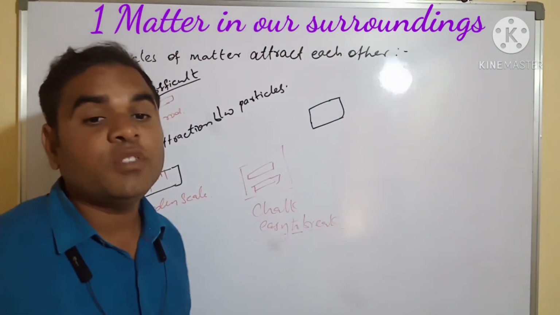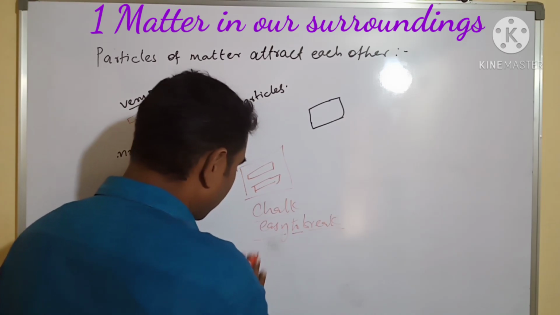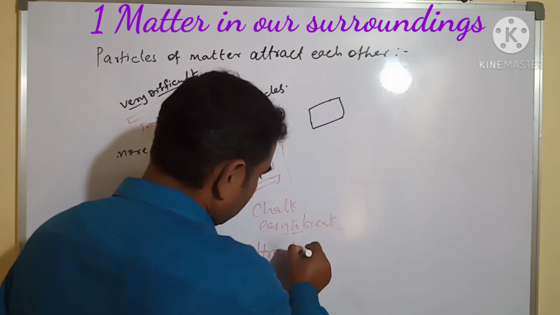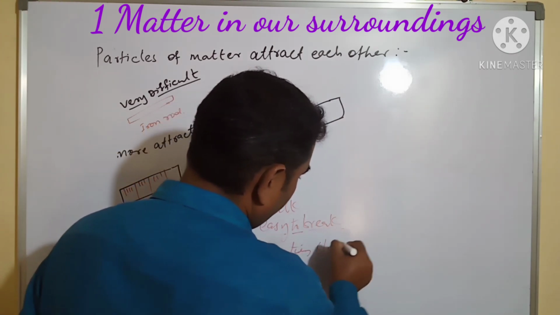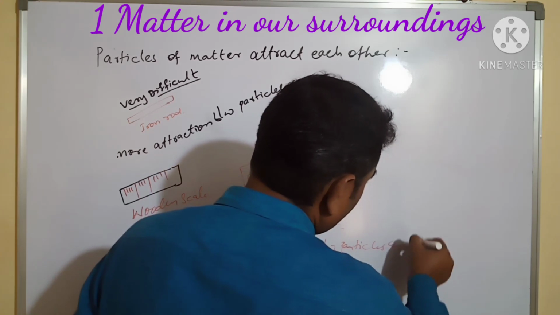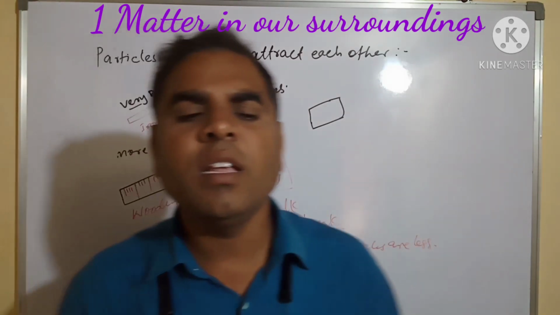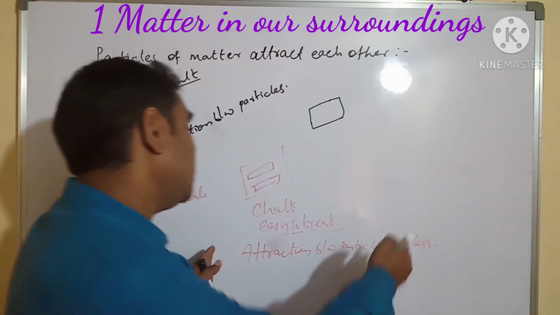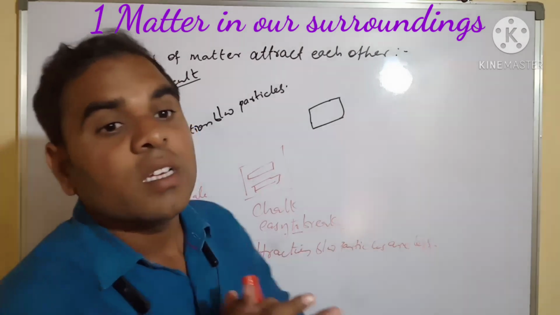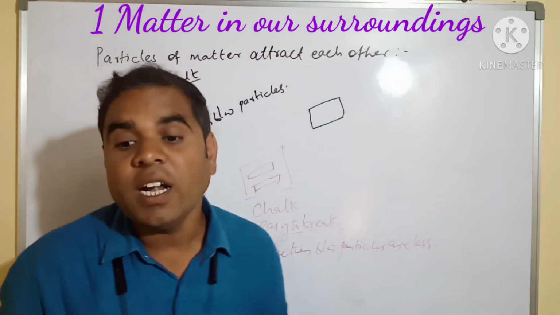It is a very small attraction between particles. The particles have less attraction. Some matter has particles very close to each other.